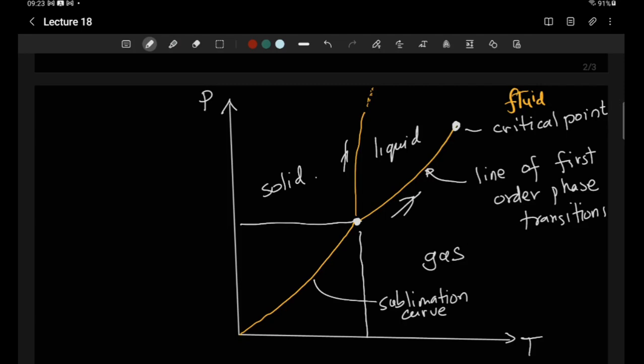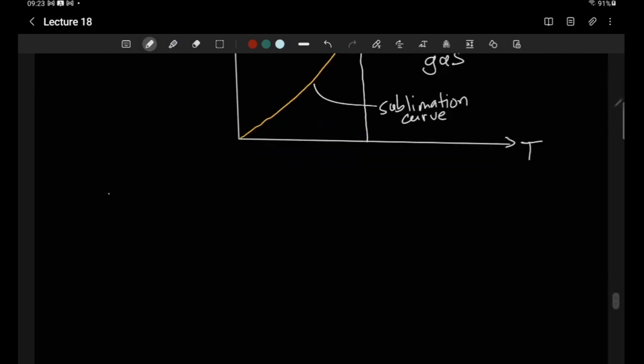Triple point. At this point, we have three phases coexisting: solid, liquid, and gas. So the triple point is special.